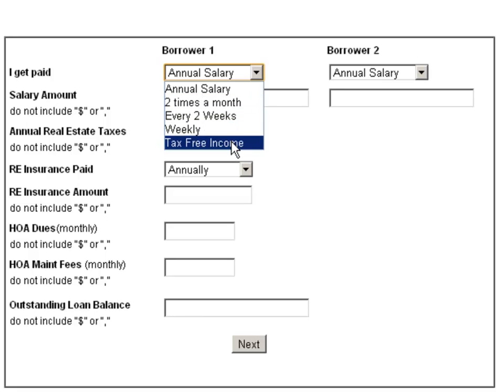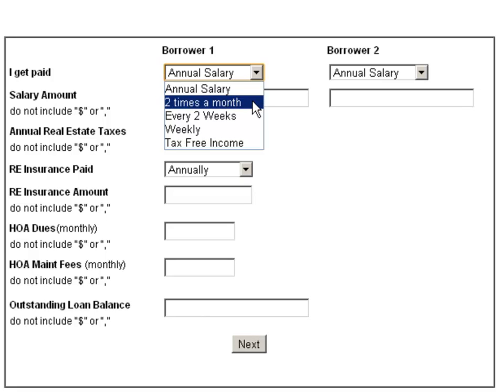Okay, so if you actually get paid an annual salary but then collect your paychecks either one time a month or on the 15th and the 30th, or you get paid every 2 weeks, depending on what that is, but if you get paid an actual annual salary, what you want to do is make sure that the salary amount that you put on the next line corresponds to this amount.